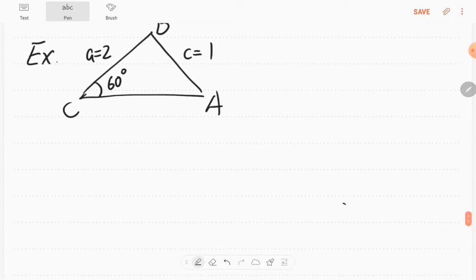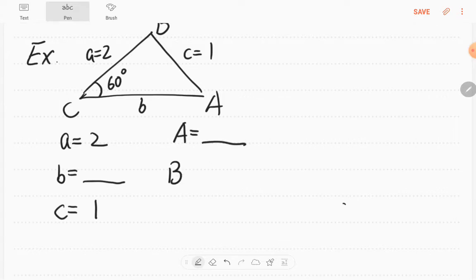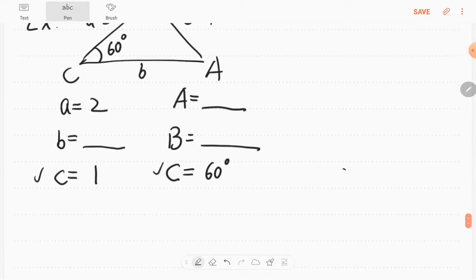Okay, so we want to know if we can solve this oblique triangle, so we still need to draw a little chart. A is equal to 2, B is the thing we don't know, and C is equal to 1, right? And the angle A we don't know, angle B we don't know, and angle C is equal to 60 degree.